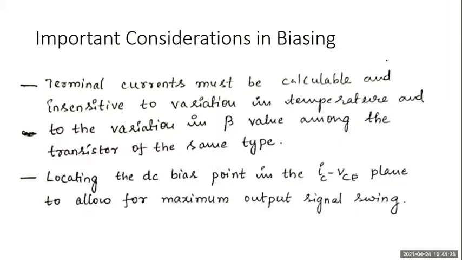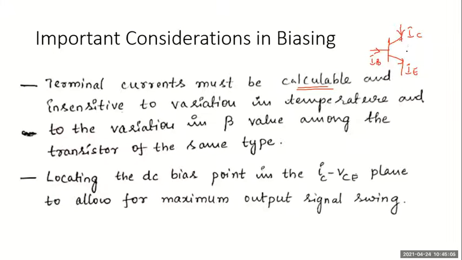All the currents which we have, when I say terminal currents, it is these three currents, IB, IC and IE. All the currents we should be able to calculate. They should be calculable. So we should not find any problem in calculating the three currents.